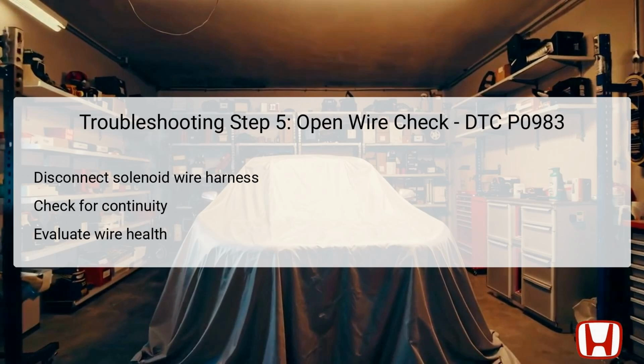If there is continuity, it indicates that the SHD wire is intact, allowing you to move on to the next step. If continuity is not detected, this suggests an open circuit, indicating that repairs must be made along the SHD wire to restore proper electrical connection.